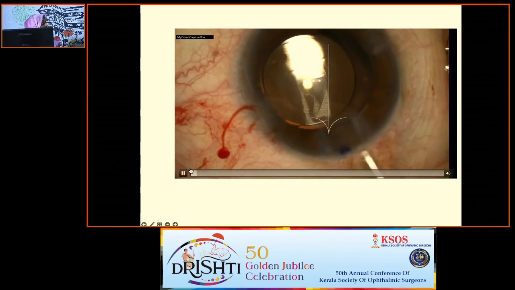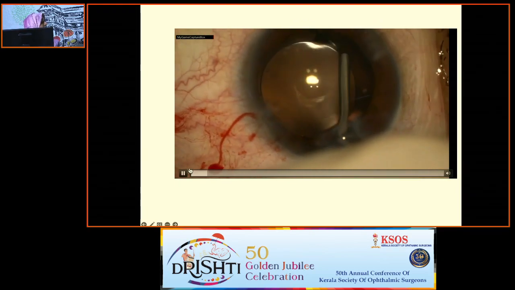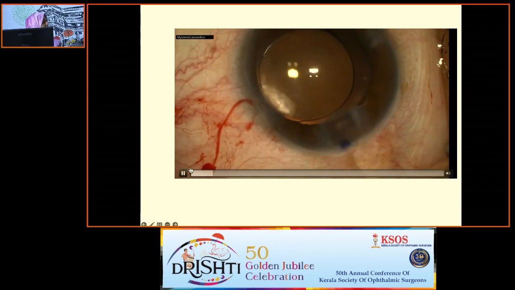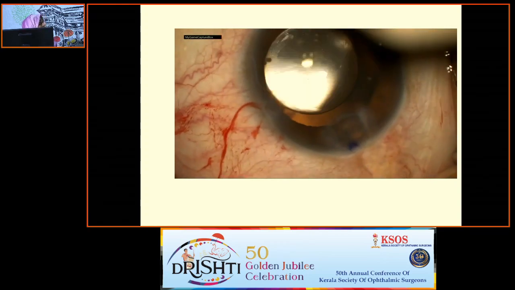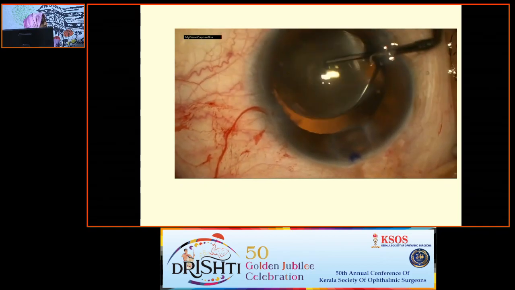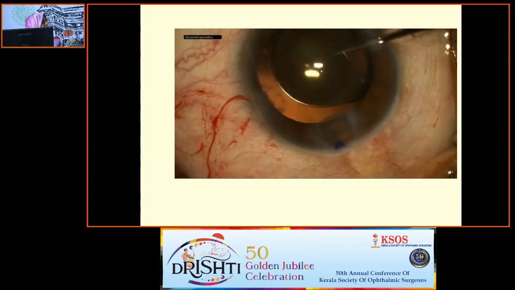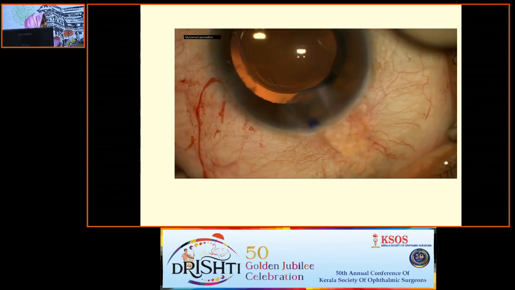First we have to inject cohesive viscoelastic, then ensure that there is no adhesion between the capsule and IOL, then dial in a clockwise direction until just short of 10 degrees from the target axis.